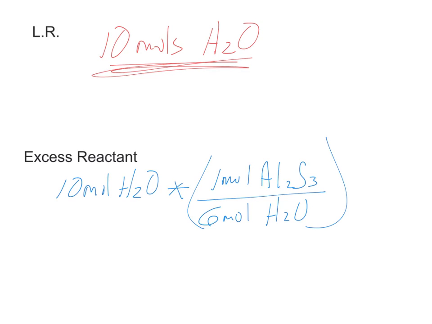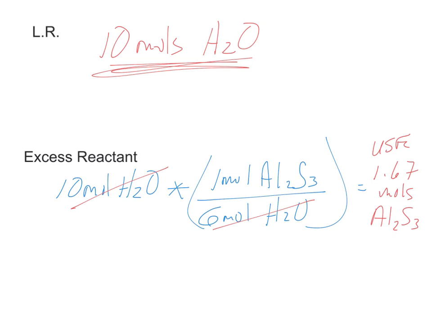Then this tells me that I'm going to need, okay, 1.67 moles of my Al2S3, because we can wipe the moles of water out. The only thing that's left is moles of Al2S3. Okay? This is what we're going to use.